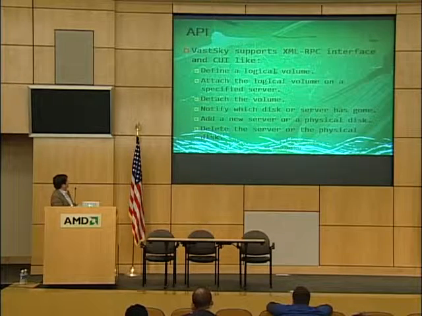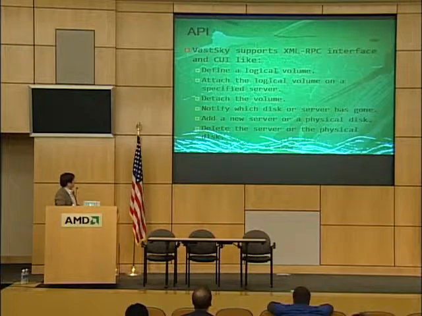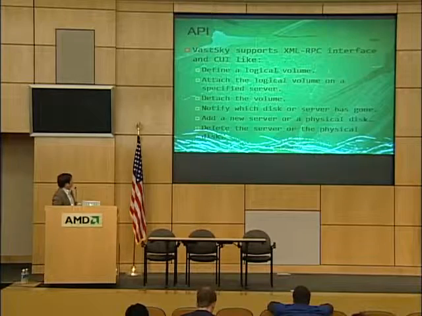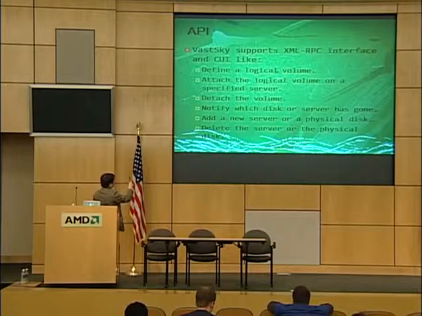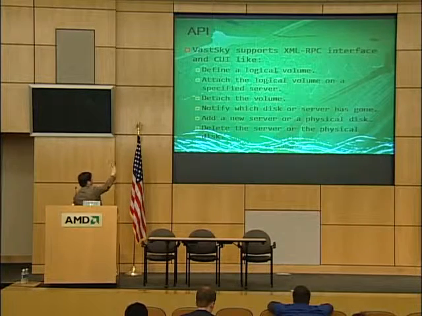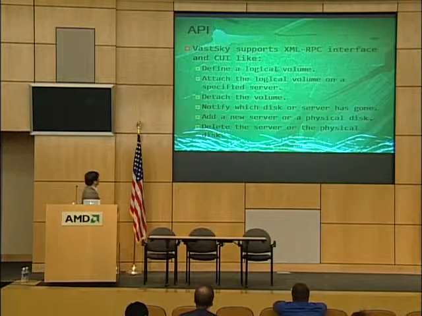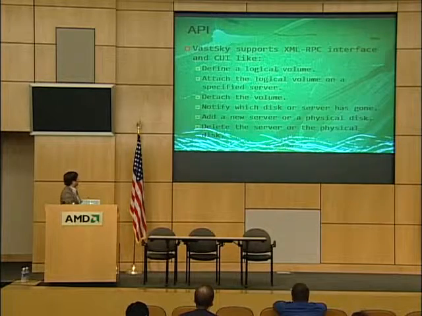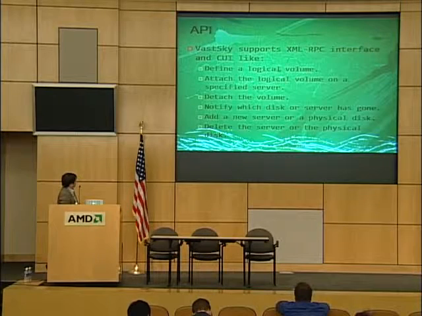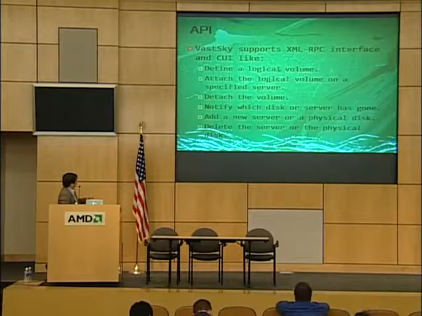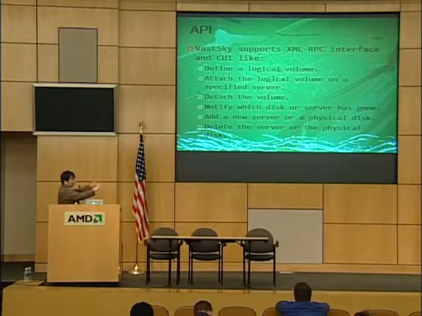This is the API. VastSky has a lot of APIs like this. VastSky has two types of API. One is XML RPC, and the other is a command line interface. XCP or a hardware check program can call these APIs to control VastSky storage.